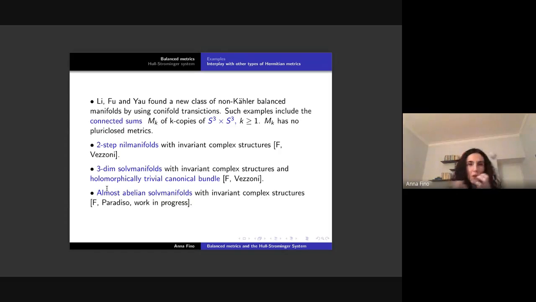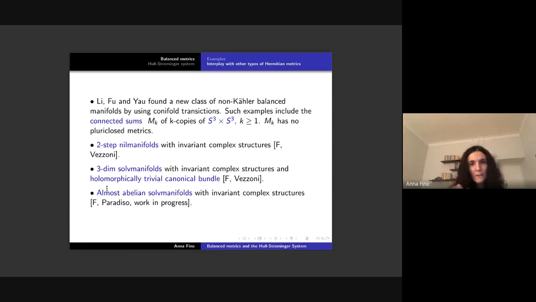I am speaking maybe rather roughly, but anyway, what they get is a connected sum of k copies of S3 cross S3, and they showed that this example has no pluriclosed metric, even if it satisfies the ddbar-lemma and so on. So it seems that there are some chances that this conjecture is true for all compact complex manifolds.